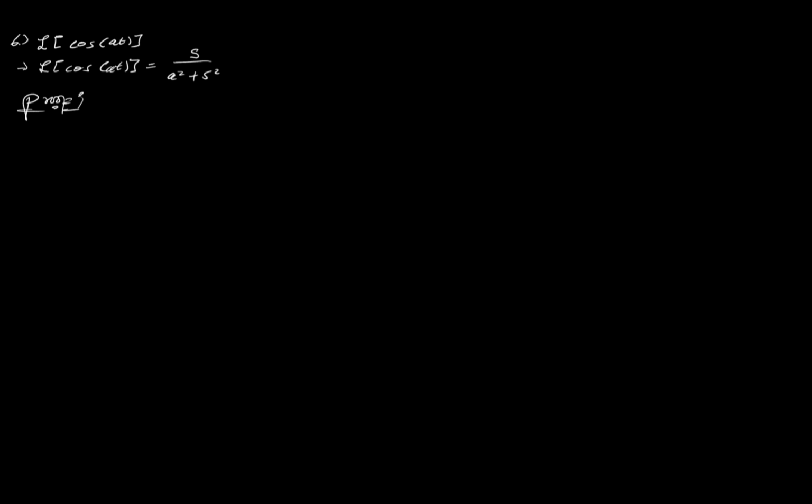Alright, let's begin. The method that we're going to use here is integration by parts, because we know that by definition, the s domain is equal to the integral from 0 to infinity of e to the minus st times the t domain dt.